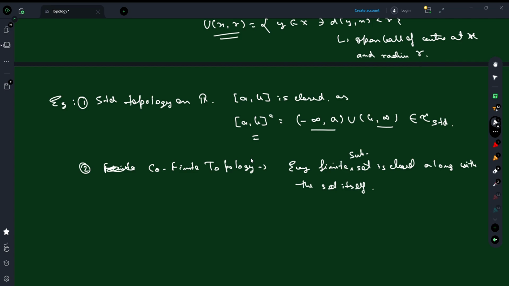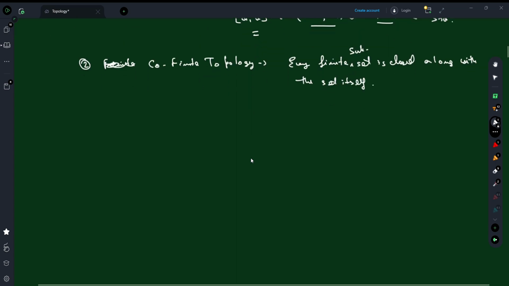Now observe the following. Let me just explain this a bit. We know that a topology is closed under arbitrary union and finite intersection, right?